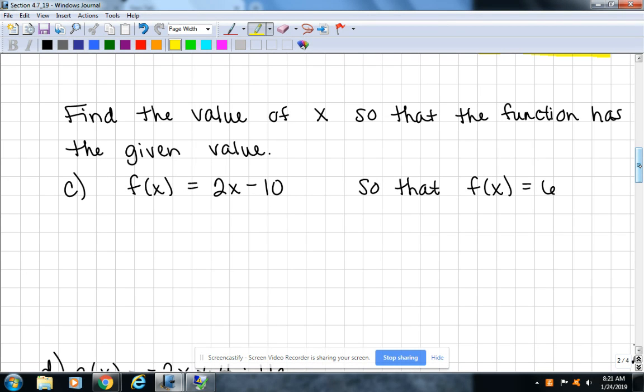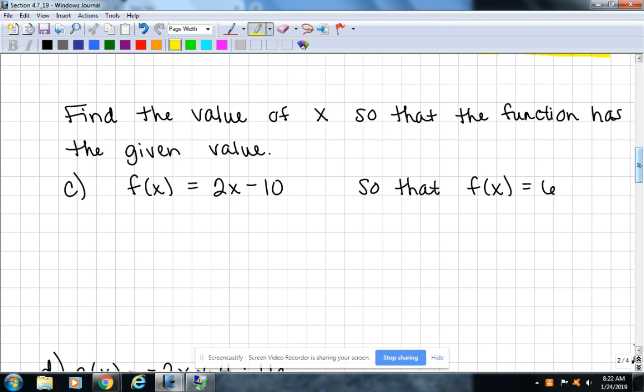So, if f of x equals this, and f of x equals this, can I set them equal to each other? That's actually the transitive property that I've been talking about in geometry. If two things equal the same thing, then they equal each other. Or you could also think of it as substitution, right? Y'all get that? Look, f of x equals 6, that's your y value.